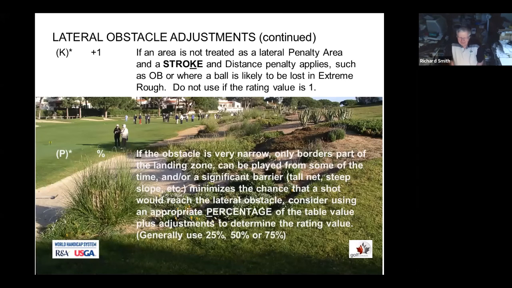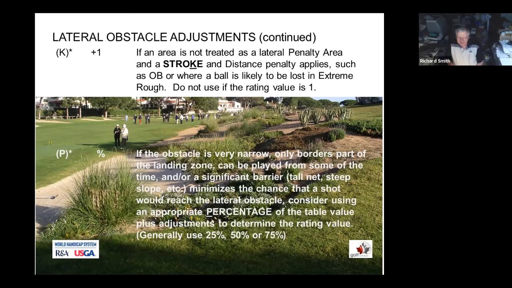Okay, the percentage: if the obstacle is very narrow, if it only borders part of the landing zone, if it can be played from some of the time, and/or a significant barrier minimizes the chance that the shot might reach the lateral obstacle, consider using an appropriate percentage of the table value plus any other adjustments to determine the rating value.